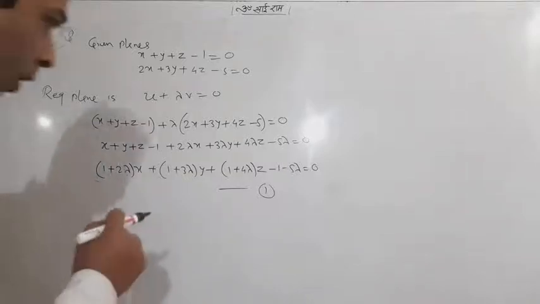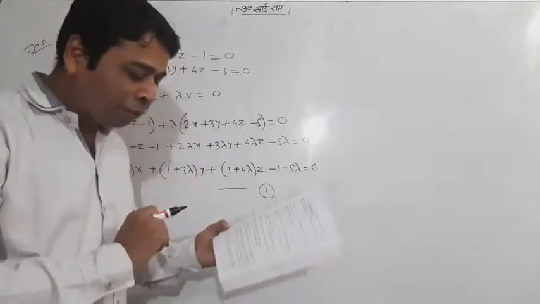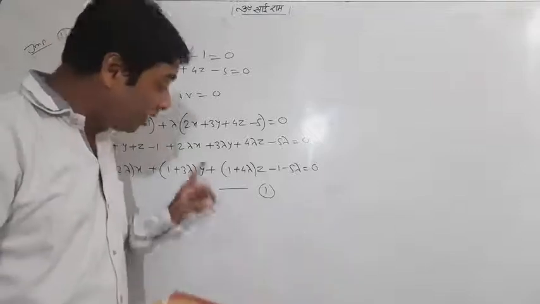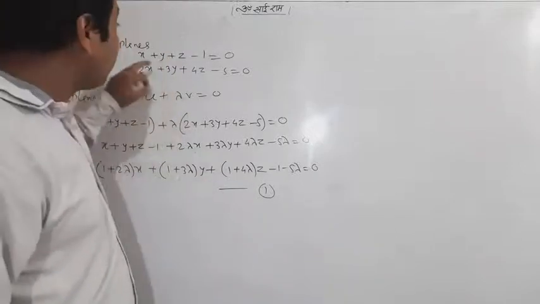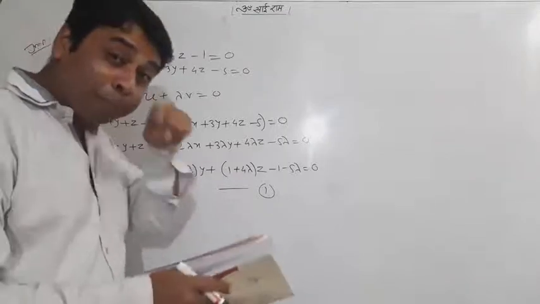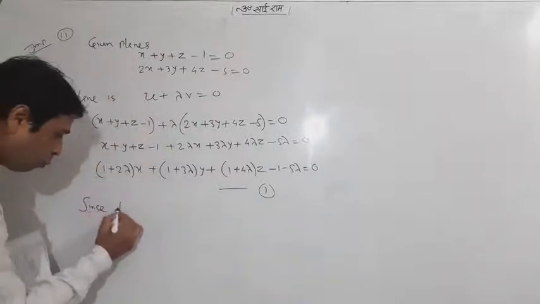How can we find the value of lambda? Now we will read the next condition. The next condition is that the plane is perpendicular to x minus y plus z equals 0, meaning this plane which is passing through the intersection of these two planes is perpendicular to the given plane.